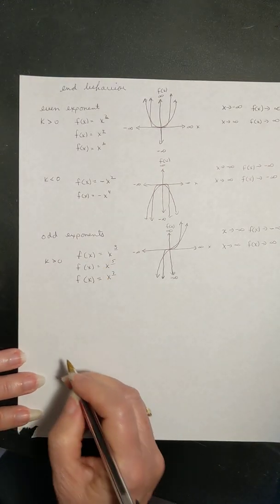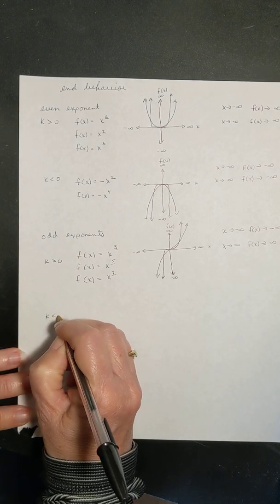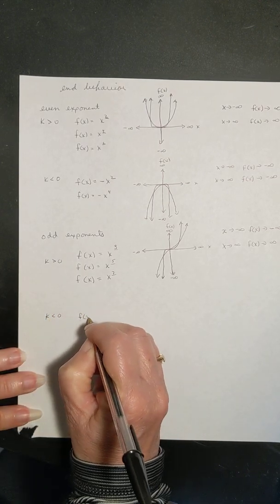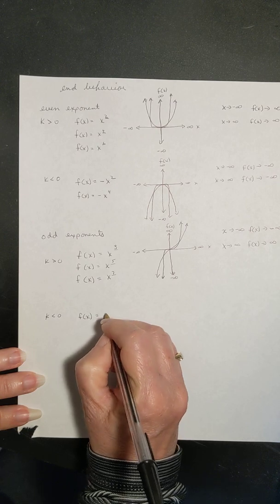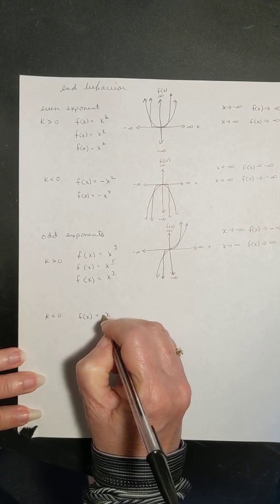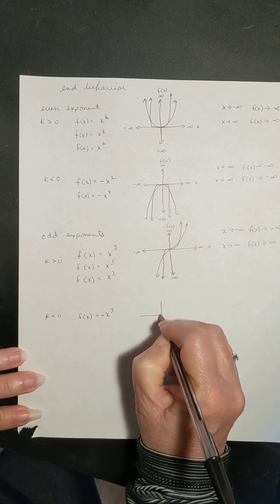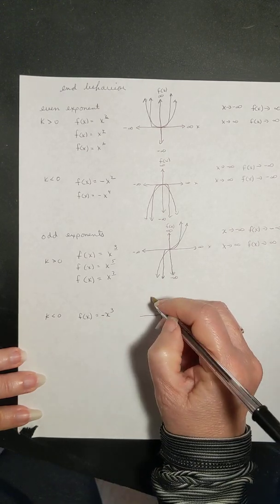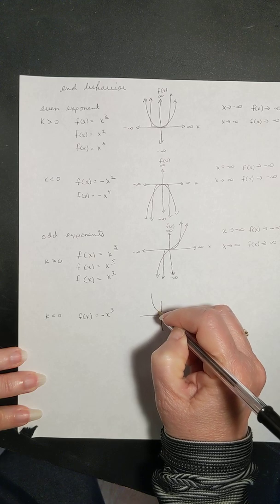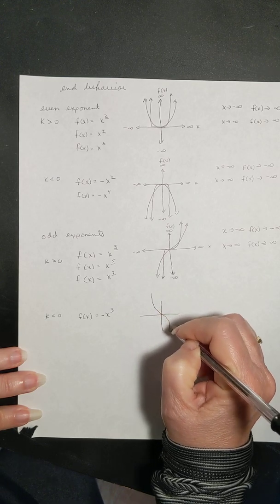Now this always occurs if k is positive, if the number in front of the x is positive. Now what happens if it's negative? So if I have negative x to the 3rd, well again, remember, what does that negative do? It flips it over. And so it's going to look like this.